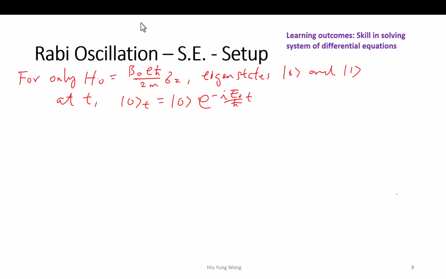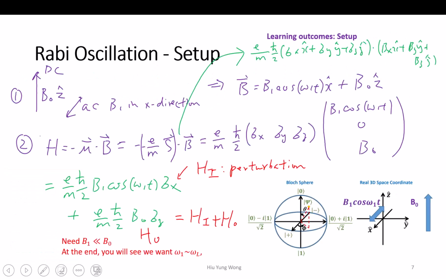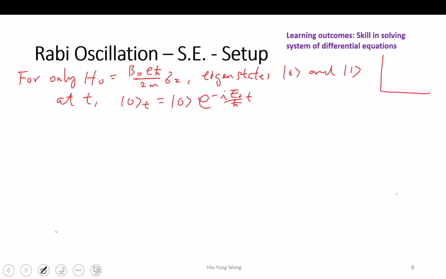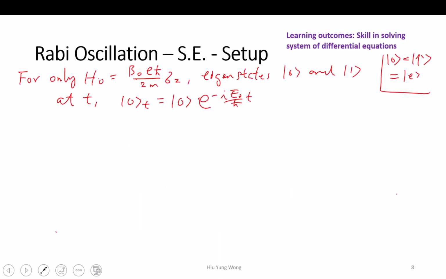Yeah, I know this is confusing. The problem is actually 0 is the excited state in our framework. So 0 equals spin up equals the excited state, right? And because of this, actually E0 is this one. So you are increasing the energy. So it is not negative, it is mu B, B0. Okay, so I said it wrong.